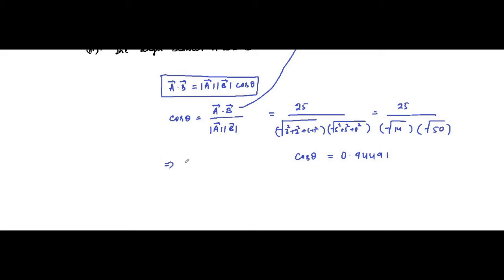That implies theta will be cos inverse of 0.94491. So it's always better to keep a number of decimal places, so the more accurate the result will be. So cos inverse of this much, shift cos inverse of 0.94491. So it is coming around 19.106 degrees.